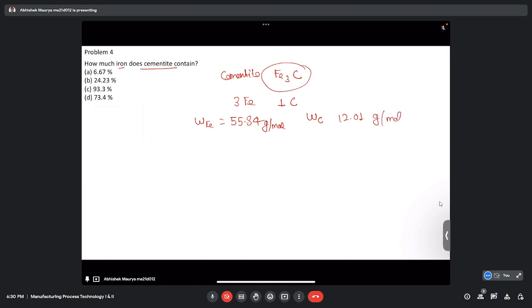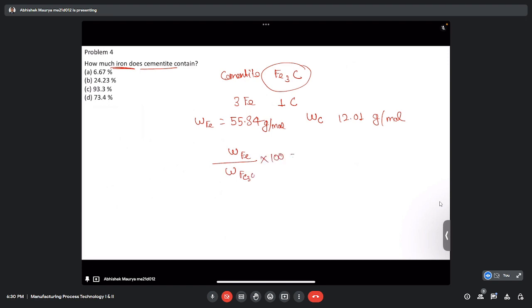Now what has been asked, how much iron. So to calculate the weight percentage of iron in Fe3C, we have to take the weight of the iron divided by the weight of Fe3C, times 100.